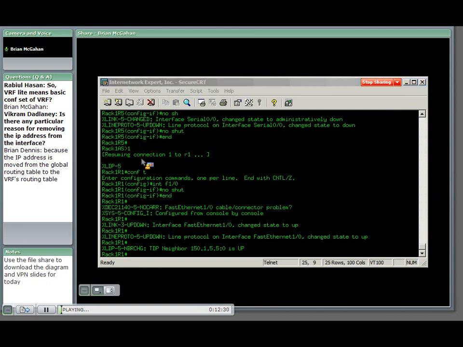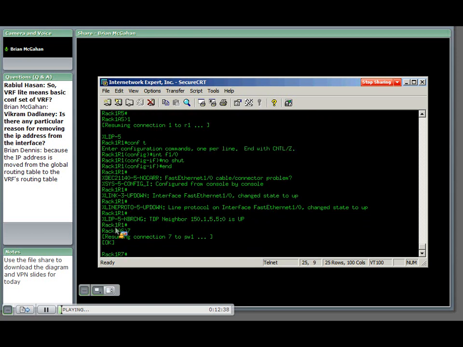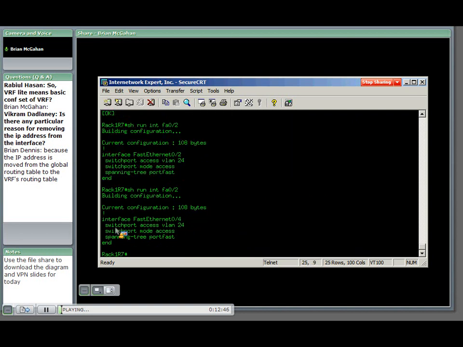The first thing we're going to do is go over to the switch that is attached to these neighbors, and configure it as a trunk link to do router on a stick between these two neighbors. This is going to be interface Fast Ethernet 2 and Fast Ethernet 4.